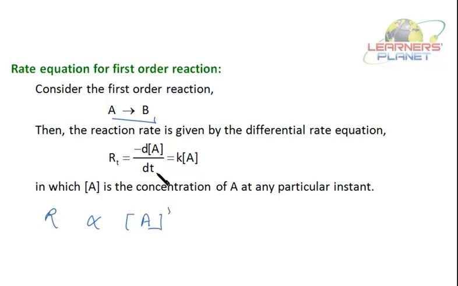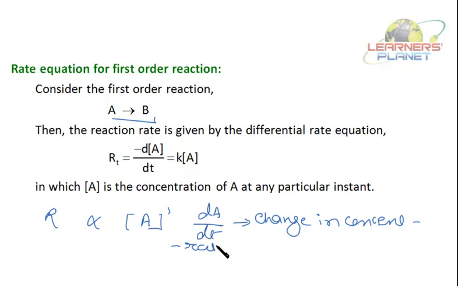Now the reaction rate can be given as minus dA by dt. What is this dA by dt? It is the change, I hope you know this, the change in concentration of A. A is the reactant at any instant of time.